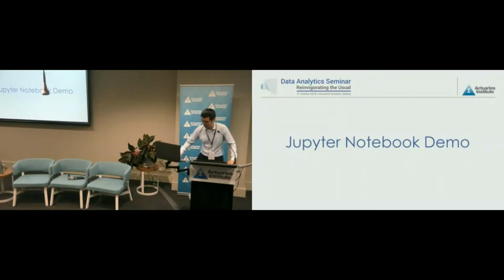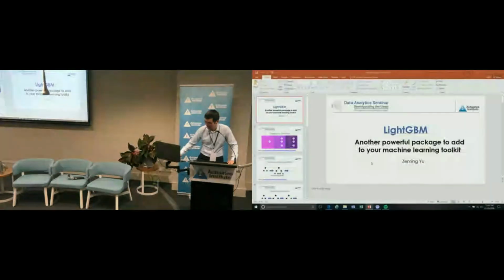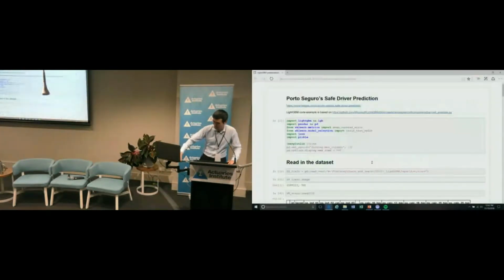Now I will quickly go into a Jupyter Notebook. For those of you that haven't used Jupyter, basically, if you want to use Python to do machine learning, typically you would use a notebook environment where you've got your code, your results, your graphs, everything all in one place.